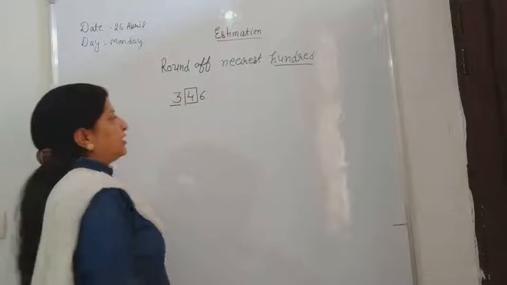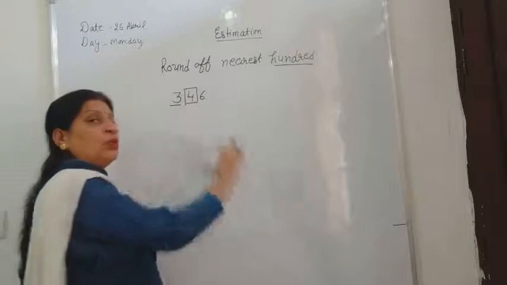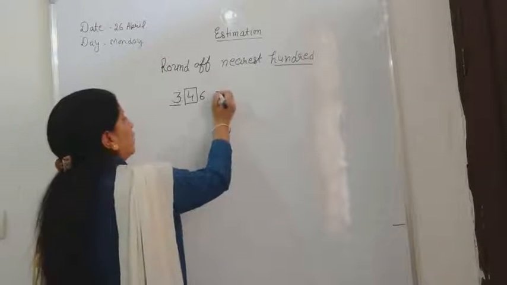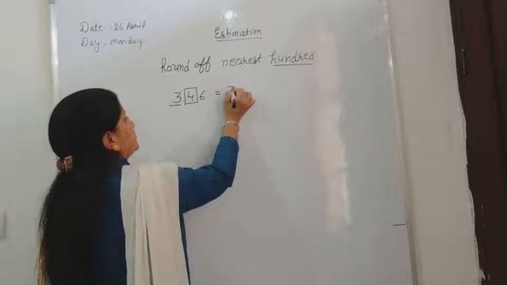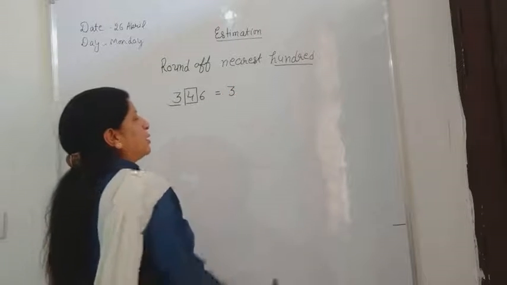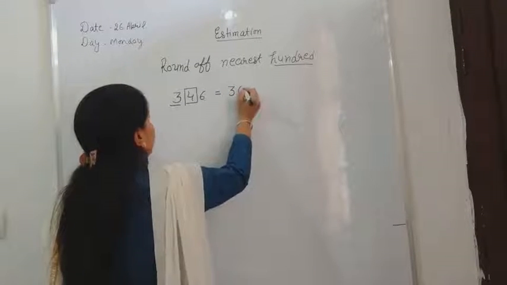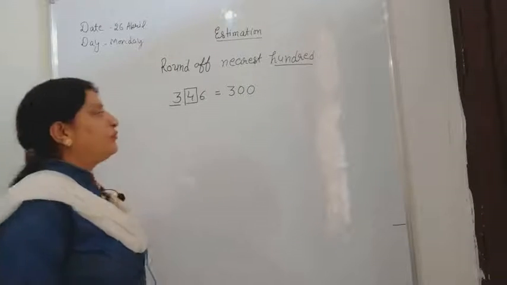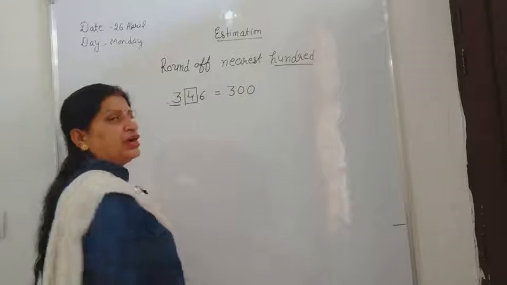Now we see that our tens place digit is 4 and it is less than 5, so we write the hundreds place number as it is and replace the ones and tens places with 0. After doing this, we get the answer 300.